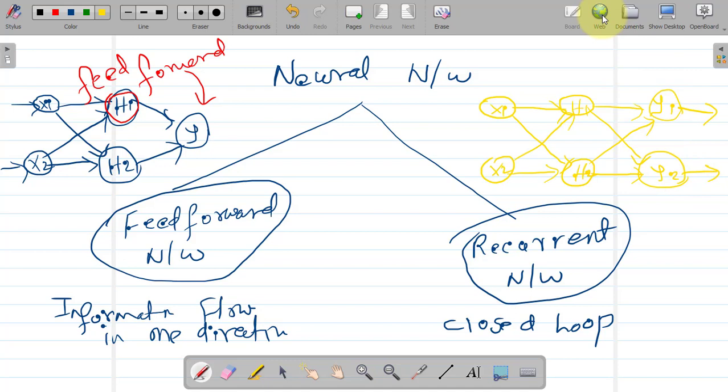This output is again given back to this network, and again the same, this output is again given back to this network.